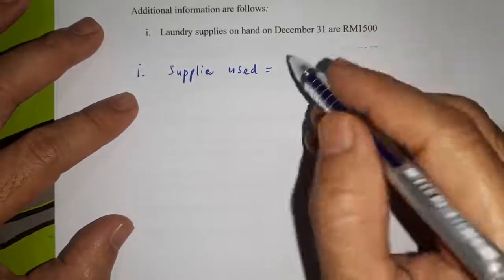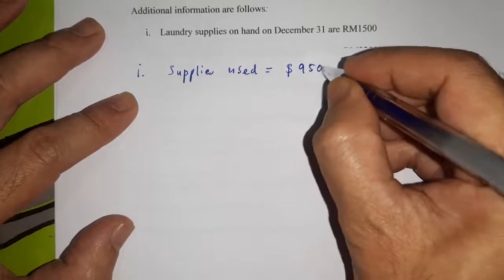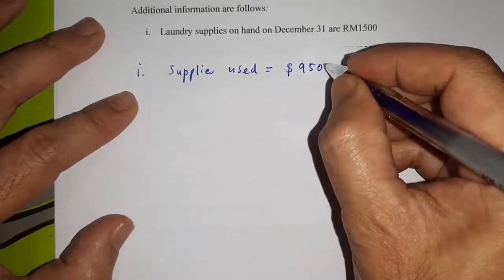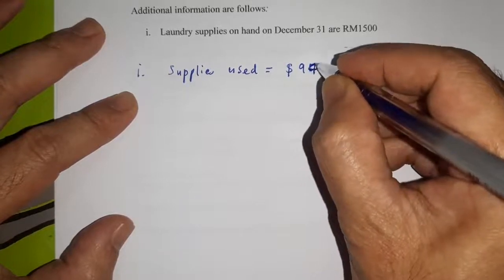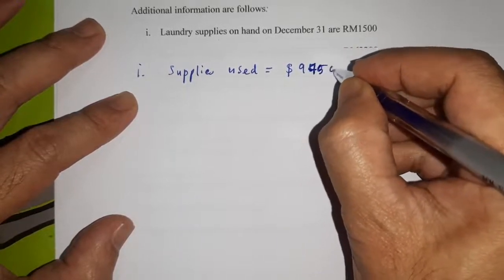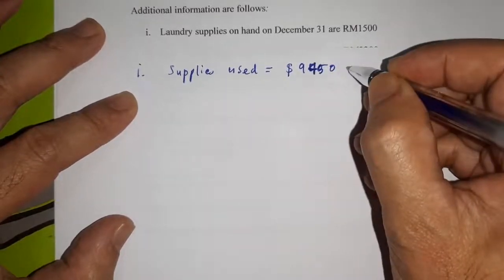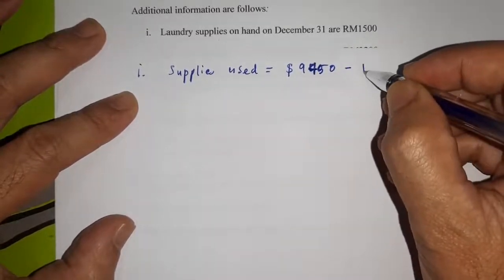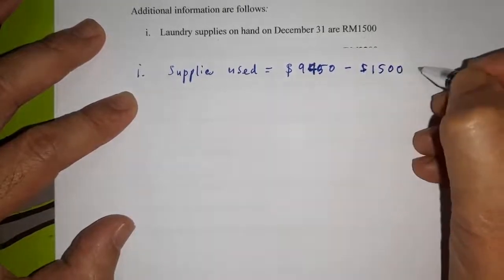Supplies used equals the beginning balance of supplies, 9,450, minus the ending balance of supplies, 1,500.